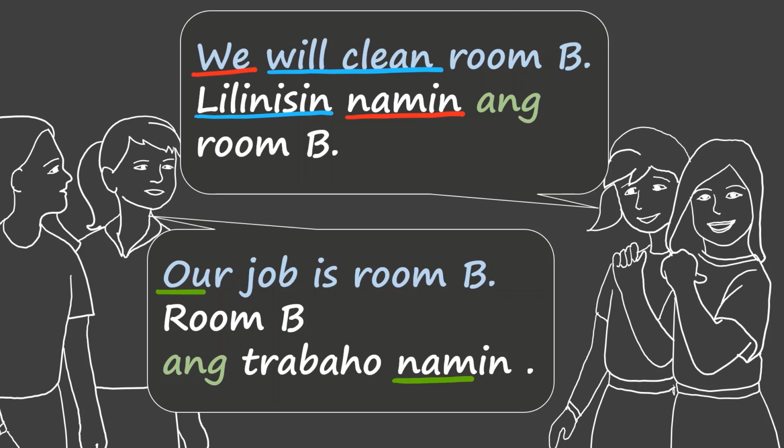So our is namin. Do you see how we use the word namin? We use it to refer to ourselves, to say that an action or an object belongs to us, but excludes the people that we are talking to.